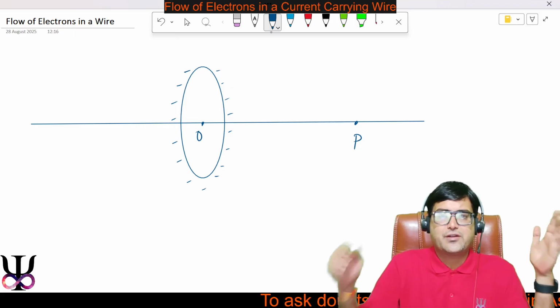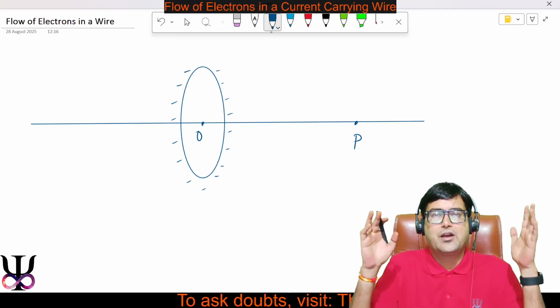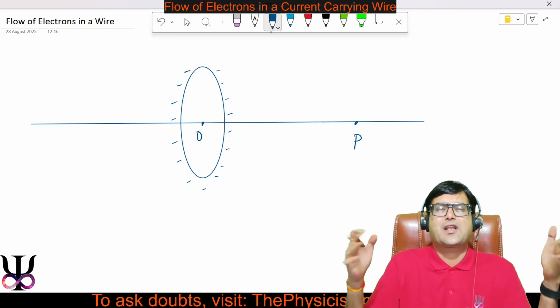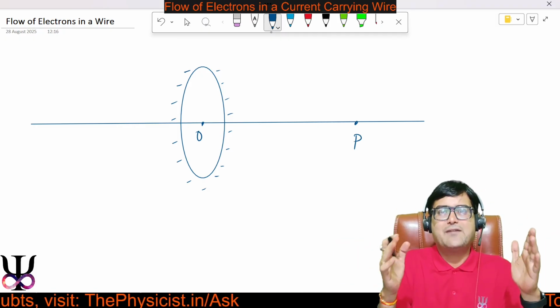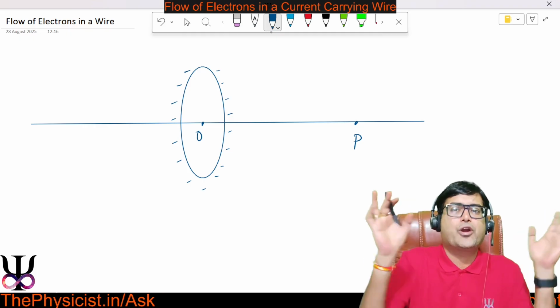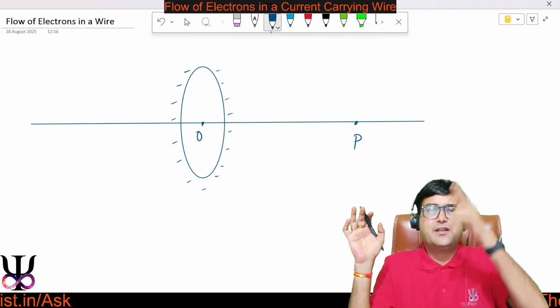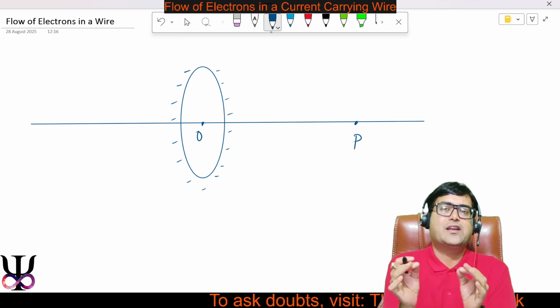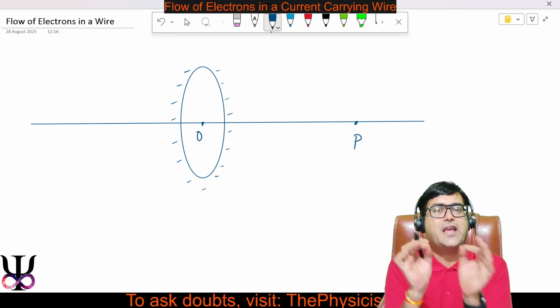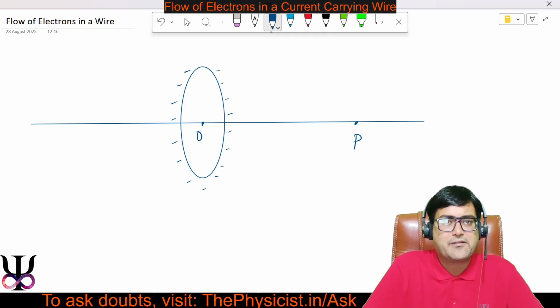Now we will try to understand how the electric field on the axis looks like, or rather we are trying to understand what effect it will have on an electron placed at point P. This uniformly and negatively charged ring will have some effect on an electron at point P, which is on the axis of this ring. So what kind of effect will it have?